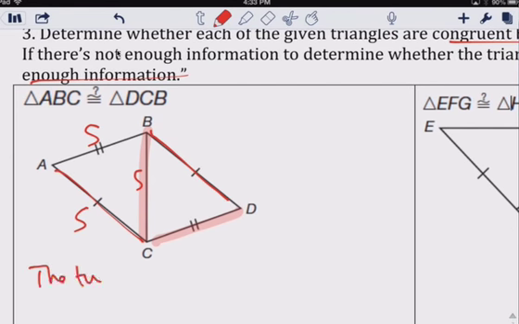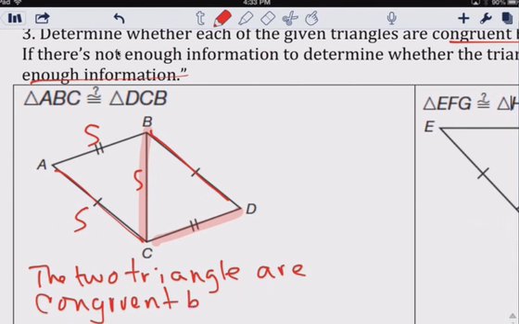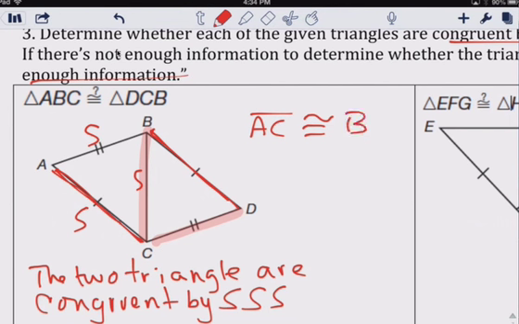The two triangles are congruent by side-side-side. Okay, and we prove it. So side AC is congruent to, it says justify, AC is the same as BD, right? Yeah, I believe so.